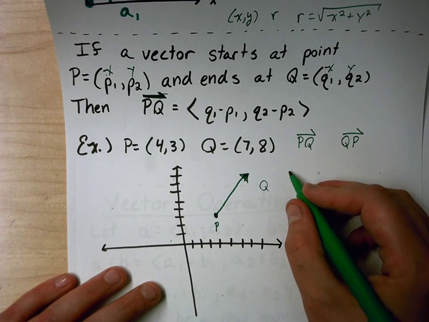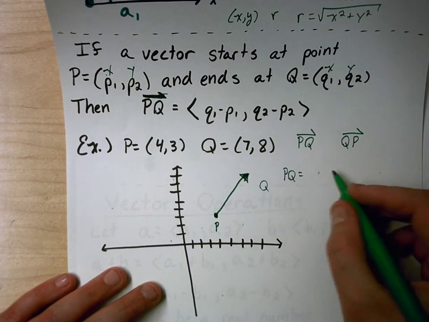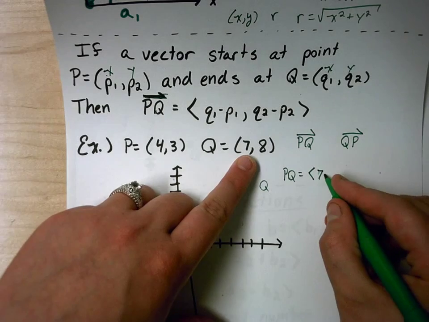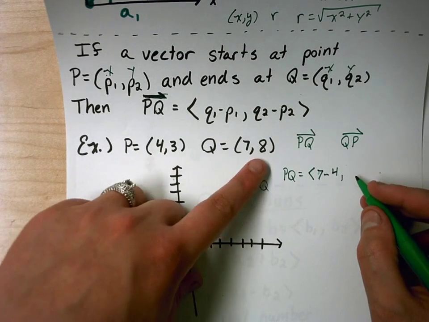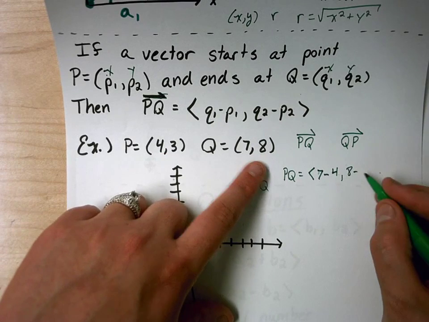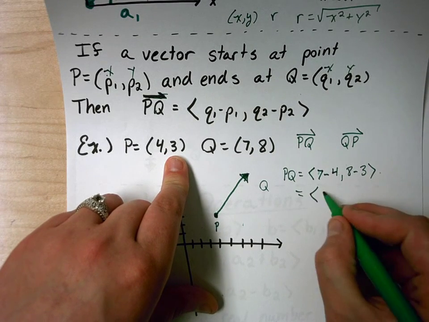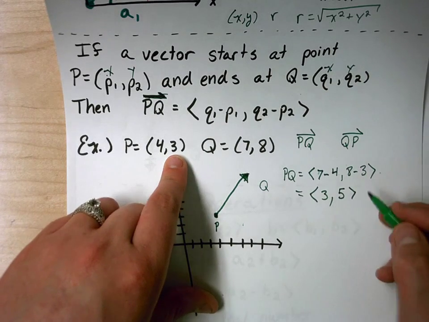Okay, so now if I wanted to calculate this out, I just drew it graphically. So if I wanted to calculate it out, then I'd have PQ equals Q1 minus P1, comma Q2 minus P2, and then I would get that that vector is (3, 5).